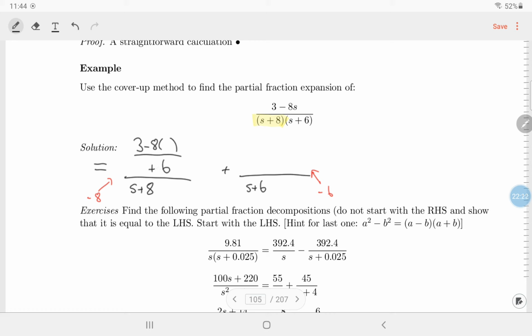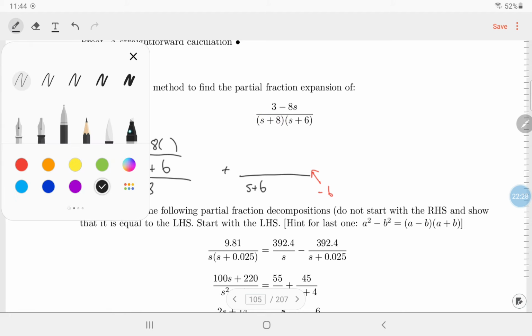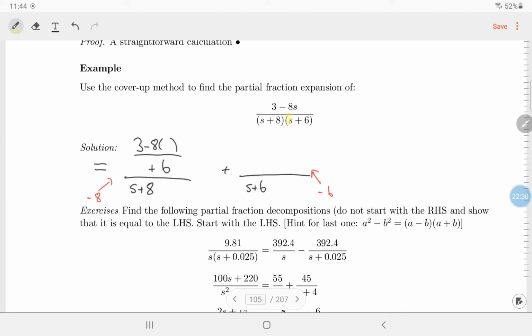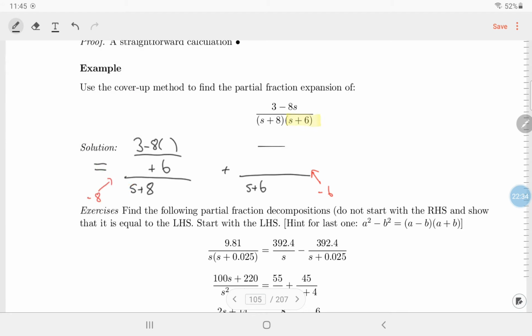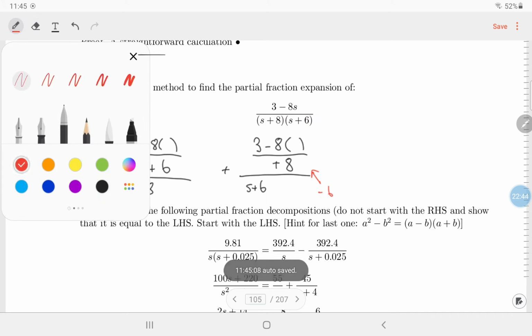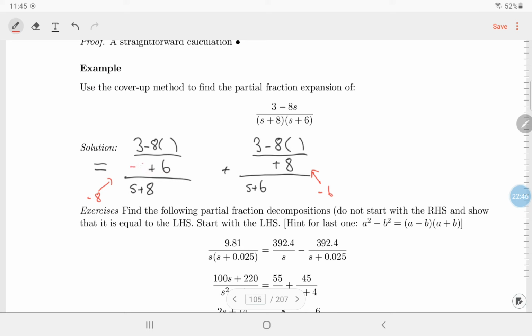And for the other one, cover up s plus 6. What are you left with? 3 minus 8s over s plus 8. And now put in the values that we spoke about: minus 8, minus 8, minus 6, minus 6.